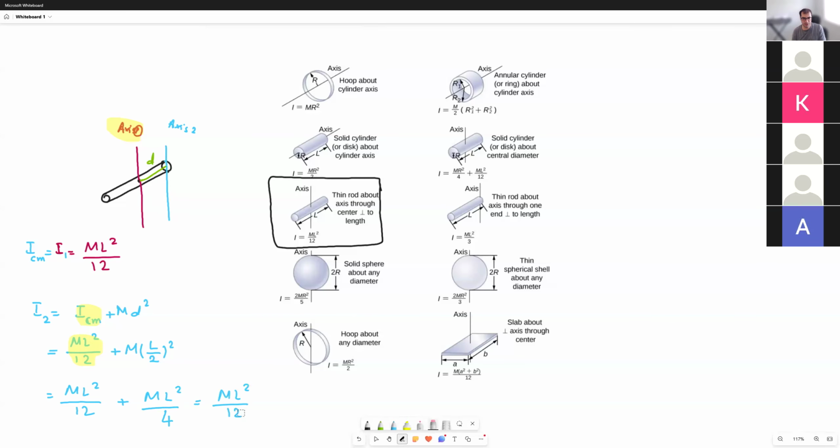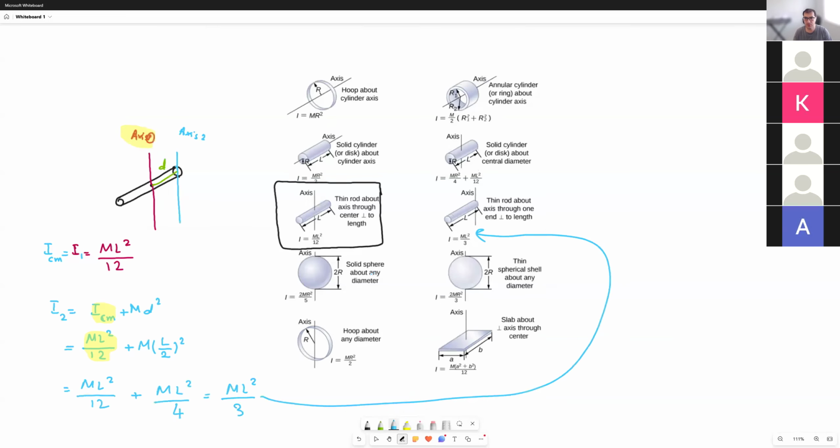Sorry, divided by 3. Am I right? Three, yes, 3. mL squared divided by 3. Which is exactly this. This is the parallel axis theorem.